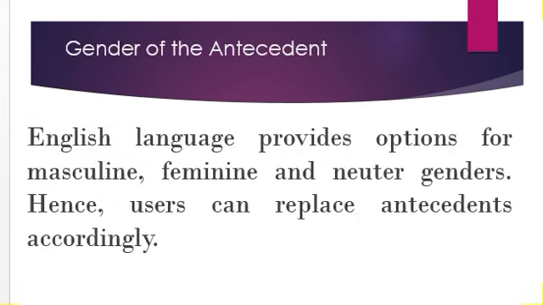Alright. Number 2, gender of the antecedent. The English language provides options for masculine, feminine, and neuter genders. So either male, female, or non-living things, lifeless entities, you have pronoun options available for them, and you must use them accordingly. For example, for the masculine now you have he, him.